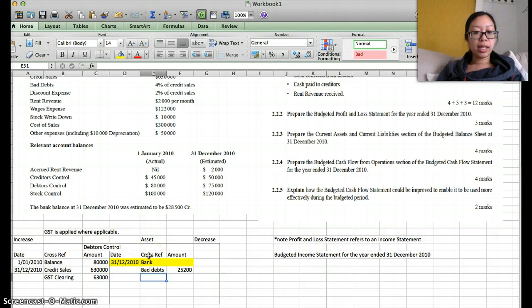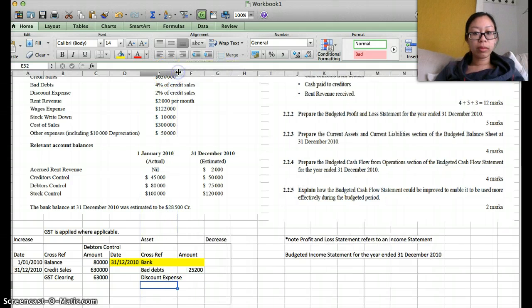So it decreases debtors control. Discount expense would be 2% of credit sales, so equals 0.02 times credit sales, which was 630.